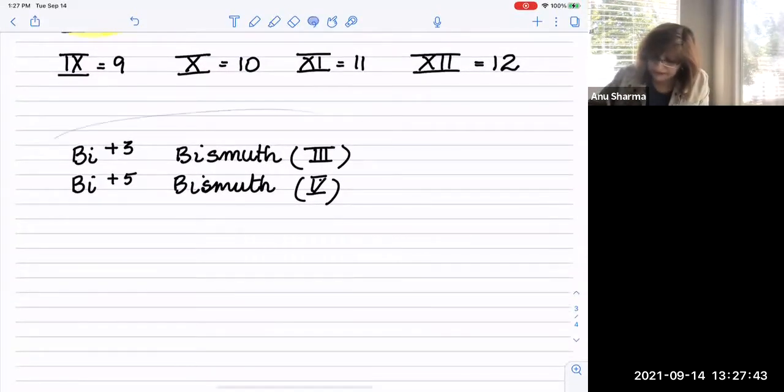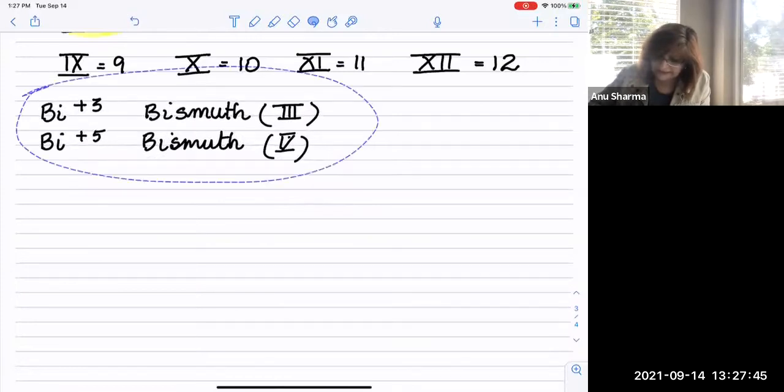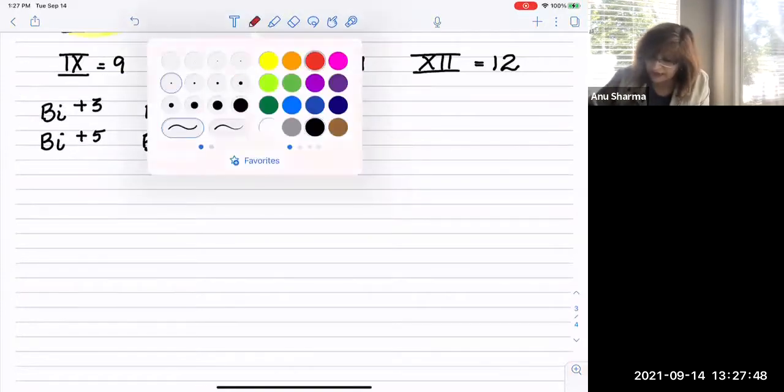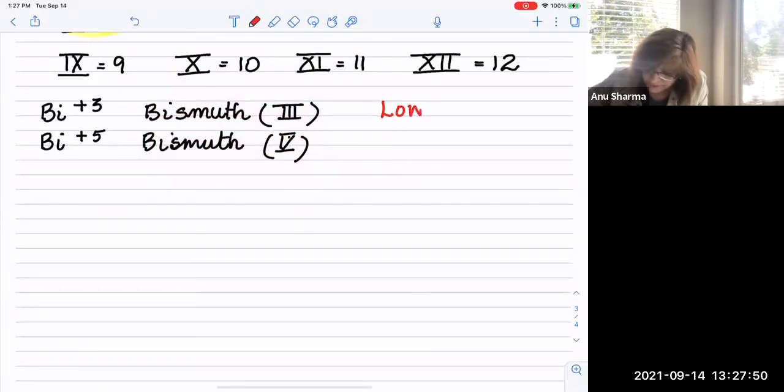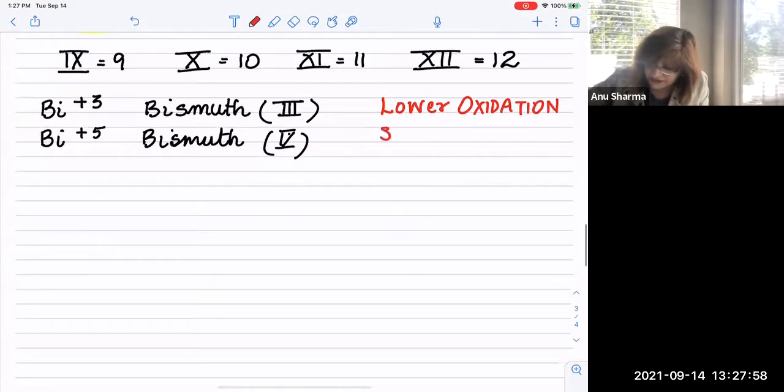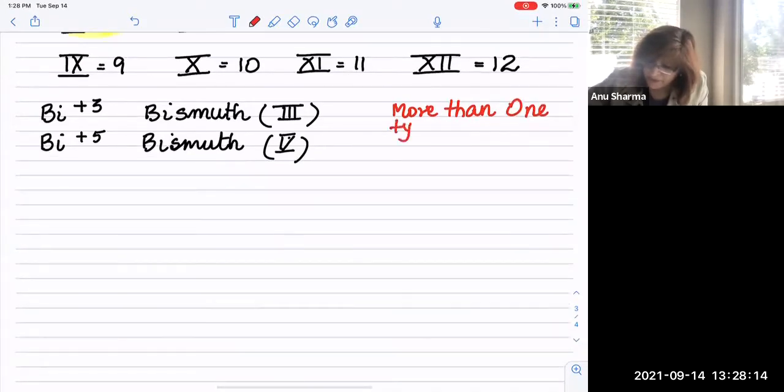So now we have bismuth, which we show as this. Also keep in mind that these more than one type of positive charge are called oxidation states.